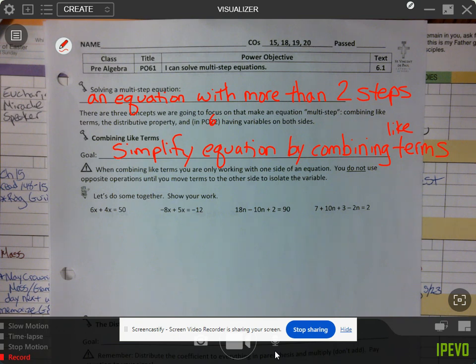So PO62, we have three concepts. One we learned yesterday, or the last 2 days, the one we're learning today, and PO62 that we're learning tomorrow. Okay? And we're using past objectives to help us with that, especially with the variables on both sides. We know how to do SADMEP. So we're going to be using that.